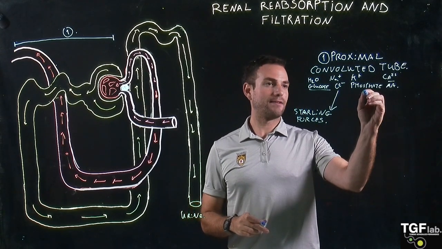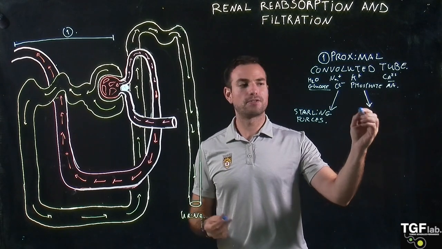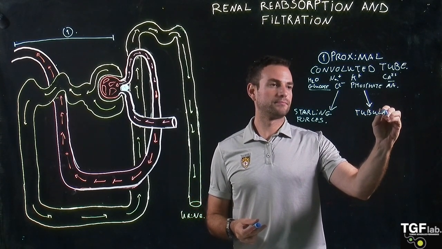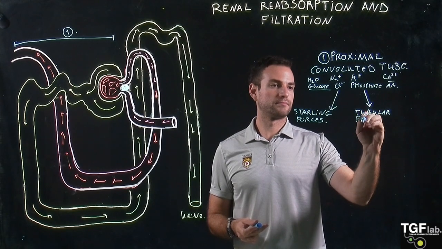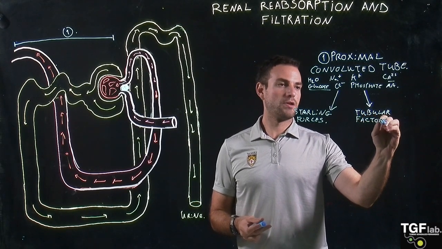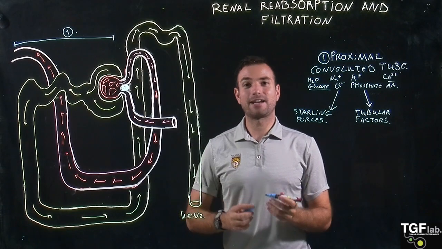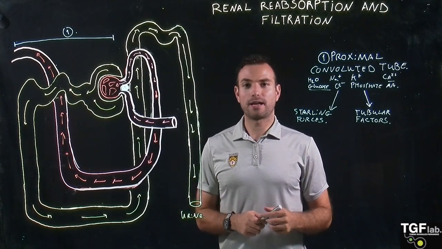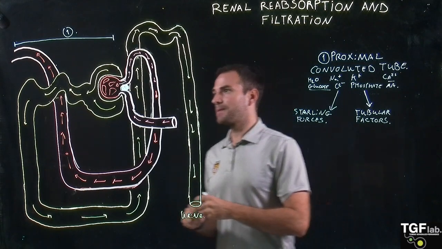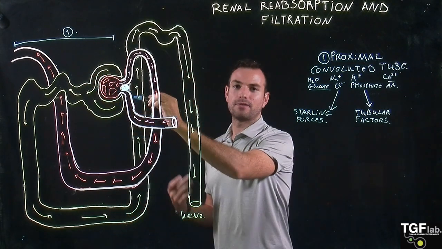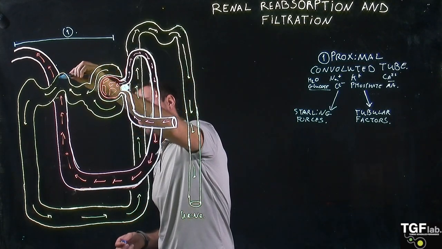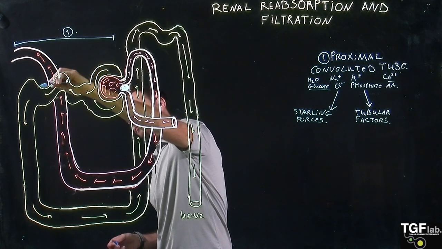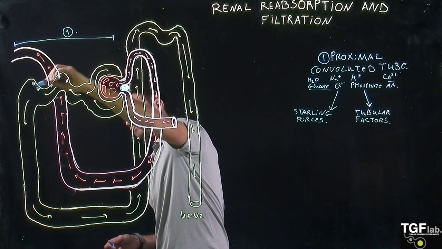The second mechanism that we have to take into account are the different tubular factors. So the tubular factors are characteristic of this part of the tube. The first one that we have to take into account are the glucose co-transporters. So here in the membrane of the proximal tube, we have these transporter proteins.